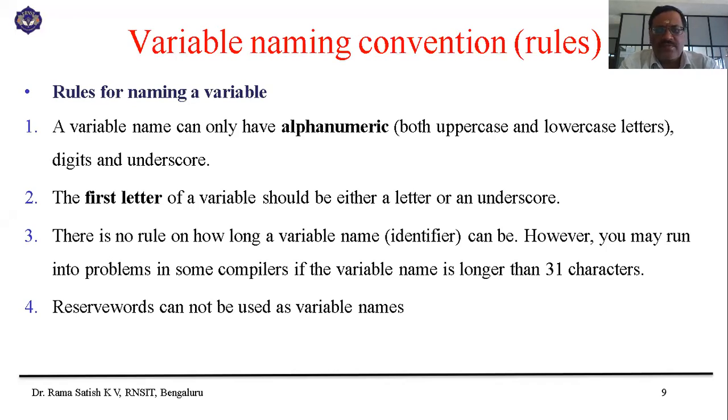So always give the variable names meaningfully, names that have meaning. And of course, the last point: the reserved words or keywords cannot be used as variable names. If you use them, you will get errors.